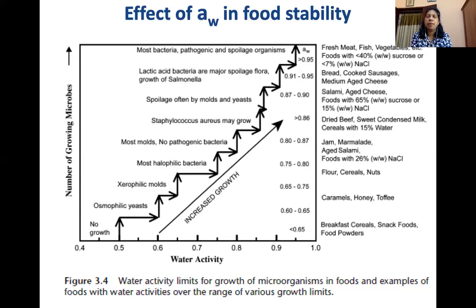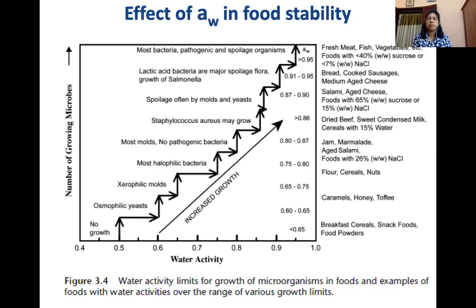Jam and marmalade still have water activity of 0.8, but you can keep them for a longer period because jam and marmalade have a lot of sugars. Therefore, whatever free water is available, it binds with the sugars, right? But when we go to the last level, 0.65, breakfast cereals, snack foods, food powders, those have very little water, 0.65, because there is no growth of microorganisms.